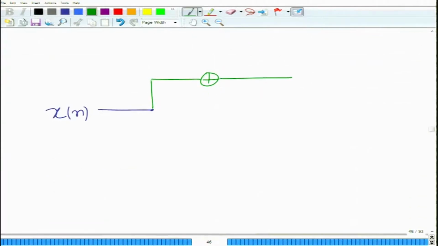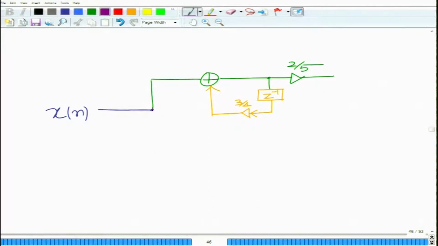So, that will have a gain of 2 by 5, and then a delay z inverse with gain 3 by 4. This is the first factor.